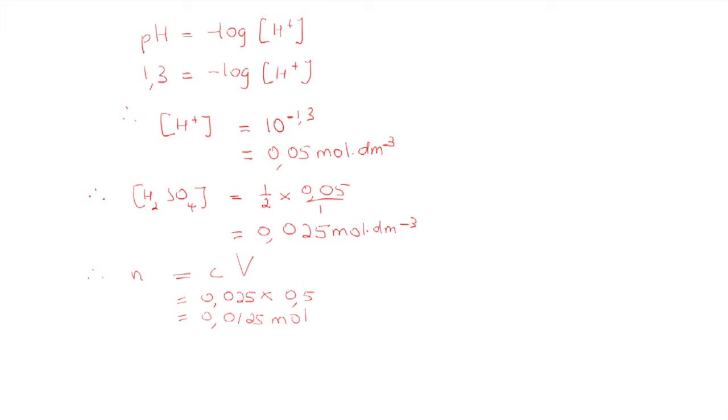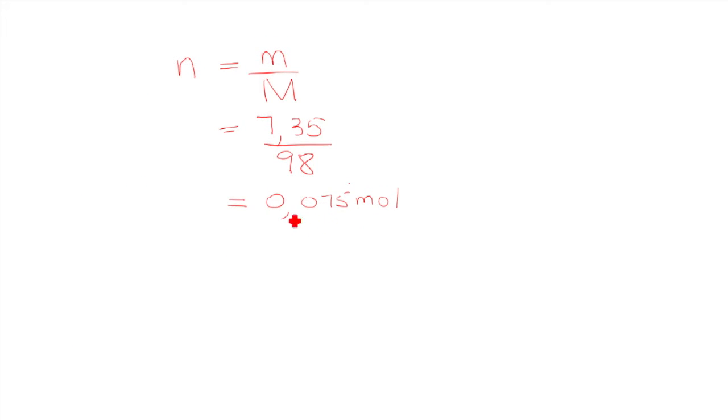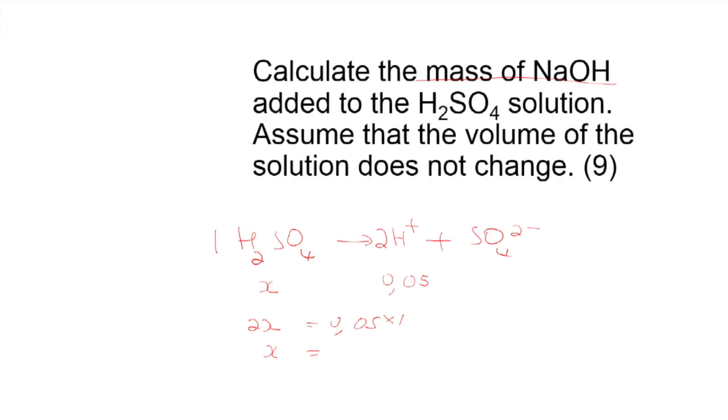Now what we want to find is the moles that reacted. So n of H2SO4 that reacted will be equal to what? Remember, at the beginning you were asked to find that. We found 0.075.